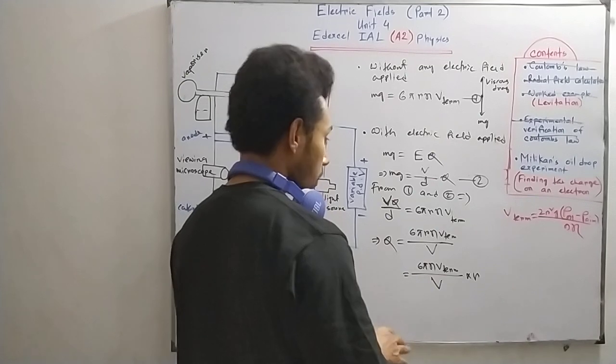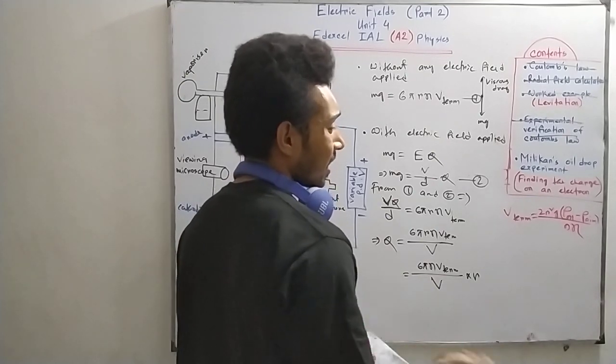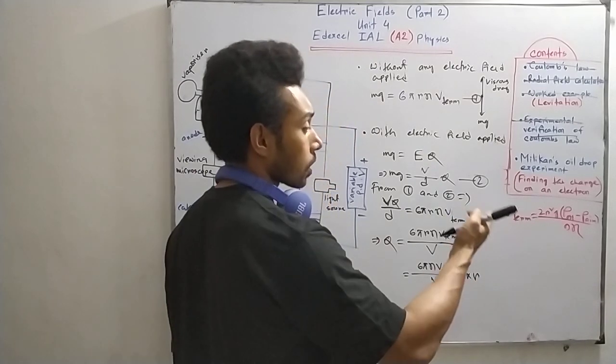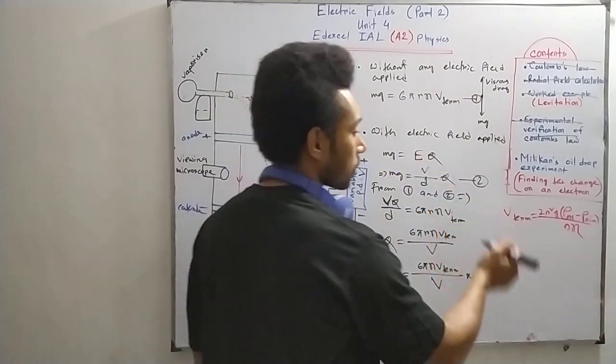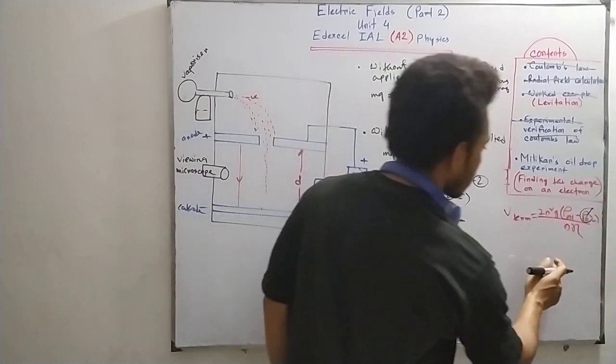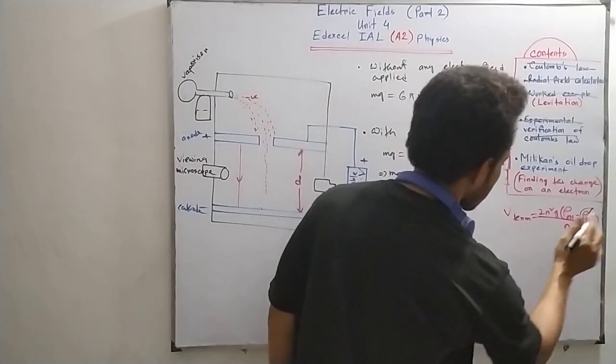And since we are considering air is very less dense and we are ignoring the density of the air, and that's why we ignored the upthrust, we can remove the density of air.